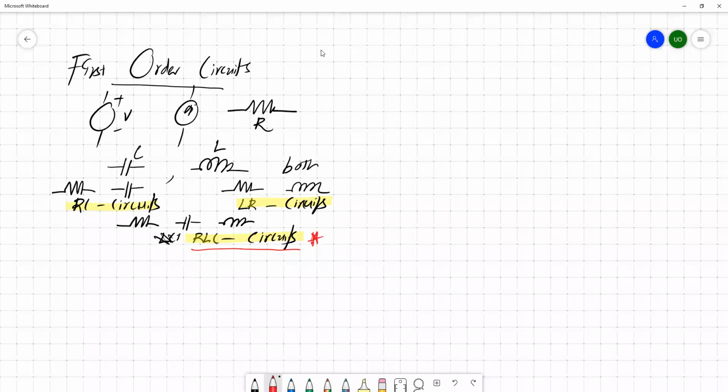In the other way, if your current simply drops to zero from some value A to zero immediately, then the induced voltage is infinite.